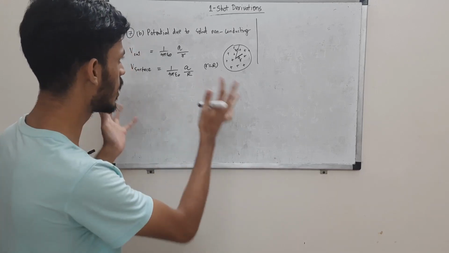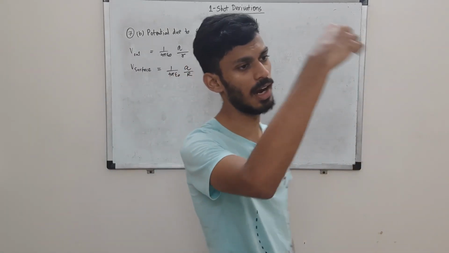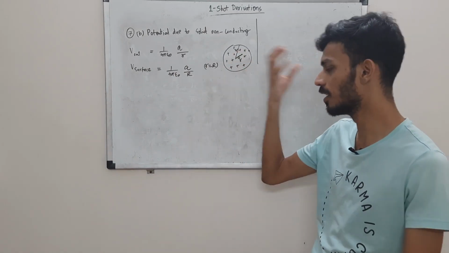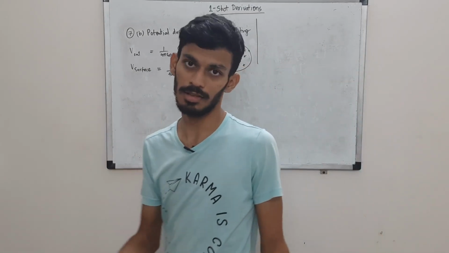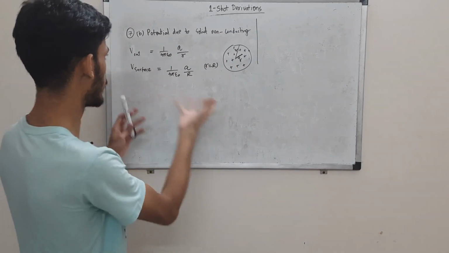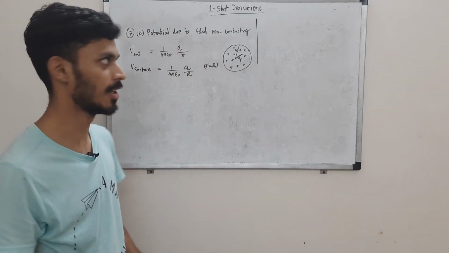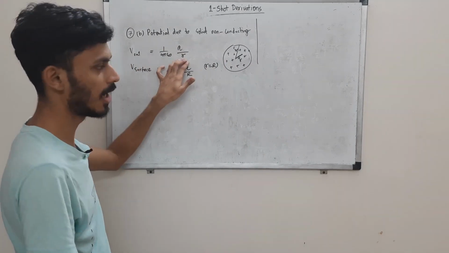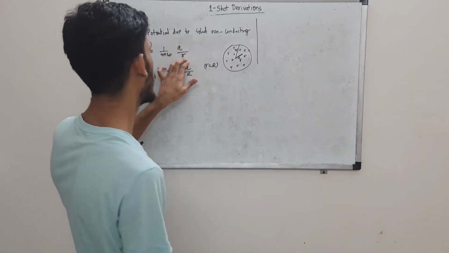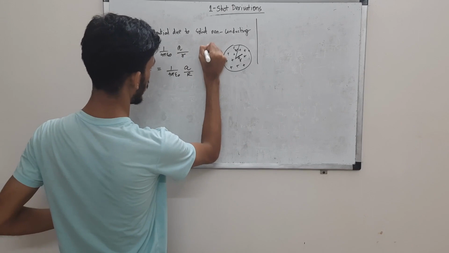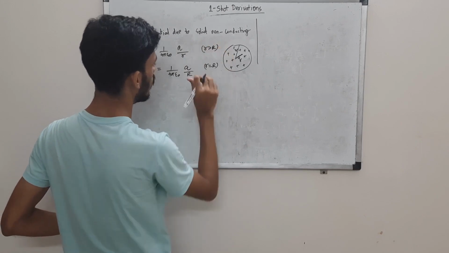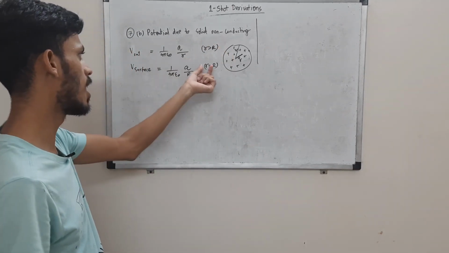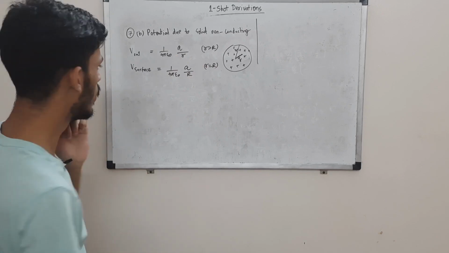Okay, because outside the sphere and on the surface, you can treat the entire charge as being at the center, like a point charge, and obtain the same relations. Okay, so it is 1 upon 4 pi epsilon naught q by r outside the sphere, where r is some distance outside the sphere, r greater than R, I can say. And on the surface, you can basically substitute r is equal to capital R, which is the radius.